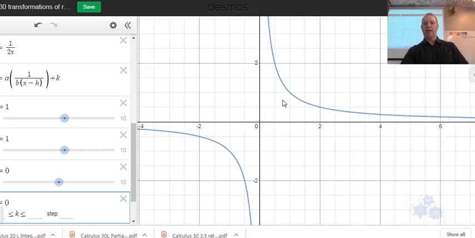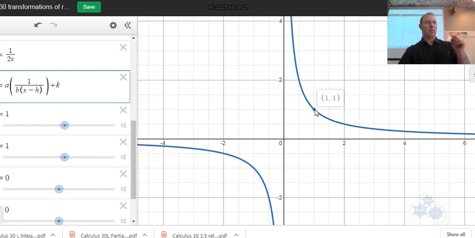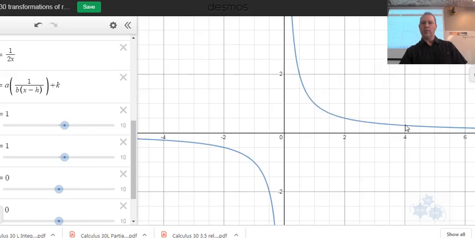So if we zoom in here, this is what this function looks like. As x gets larger from 0, you can see 1 over x, right? At x equals 1, we have 1, 1. 1 over 1 is 1, 1 over 2 is 1/2, 1 over 4 is 1/4, and so on. 1 over 6, 1 over 10, 1 over 1,000.